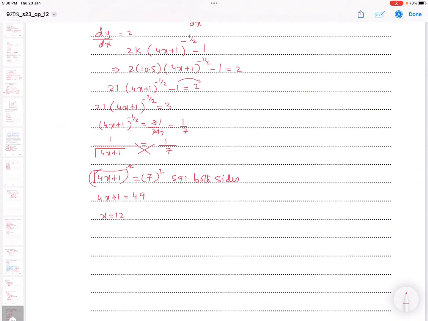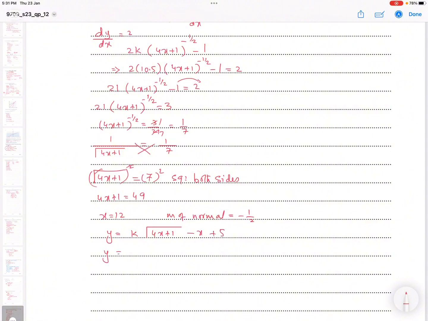As we know that m of normal equals minus 1 by 2. So y is equal to k times the square root of 4x plus 1, minus x plus 5.